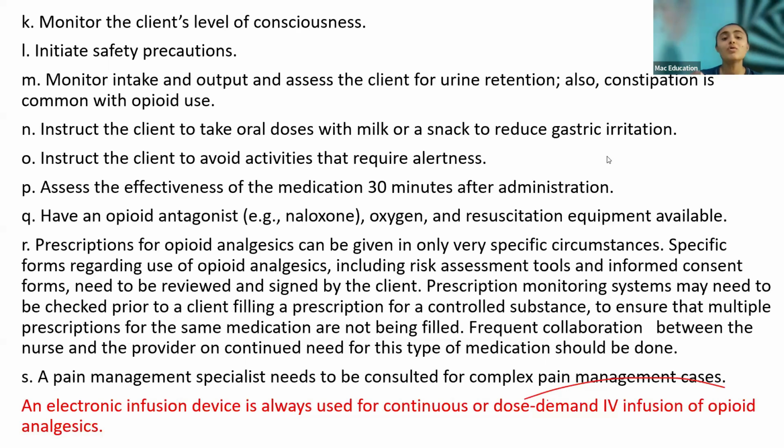We cannot give opioid medications just like simple other prescribed medications. आपको कोई भी क्लाइंट को ओपियोइड मेडिकेशंस देने से पहले उसका फॉर्म फिल करना पड़ता है कि what are the risk factors linked with this medication, and you have to take the consent from client that I am responsible for taking these medications, all that.